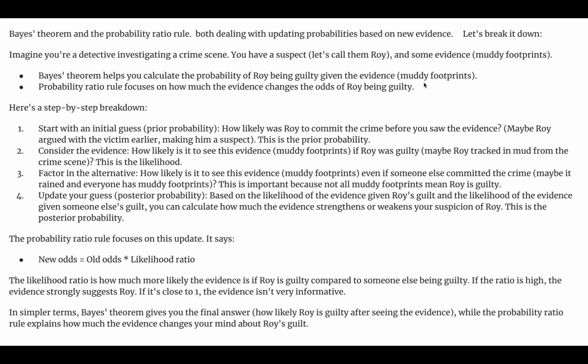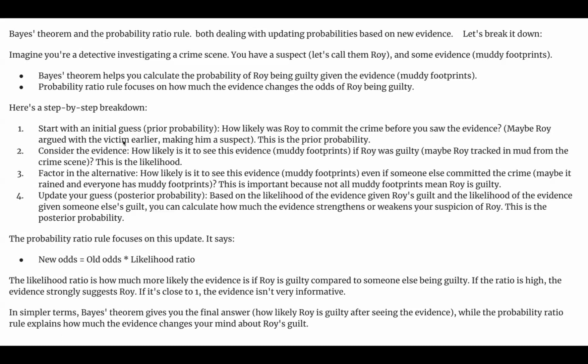So let's say the evidence is muddy footprints. And the probability ratio rule focuses on how much the evidence changes the odds of Roy being guilty. So with the new evidence being found, what are the odds that a person, Roy, is guilty or not?